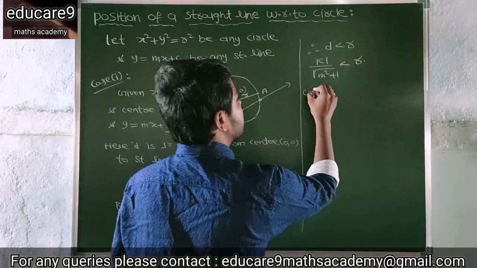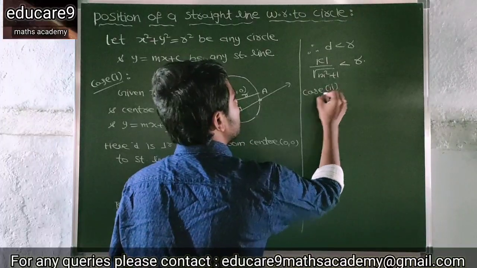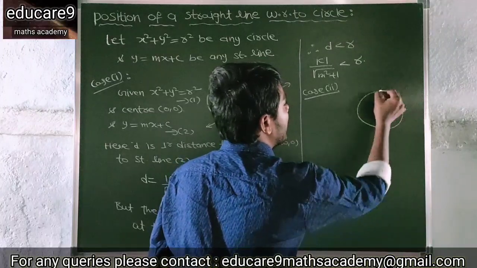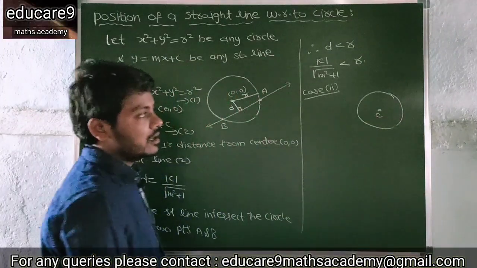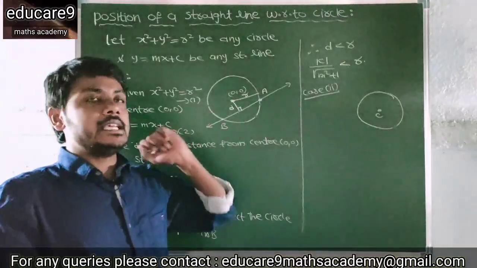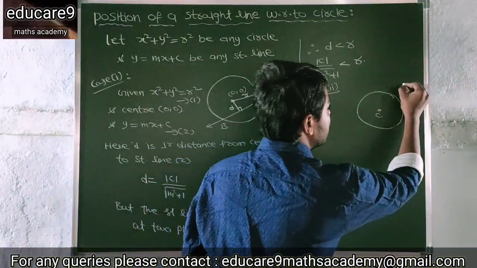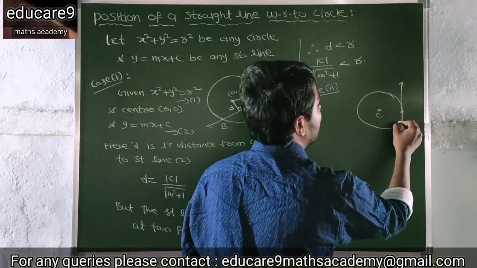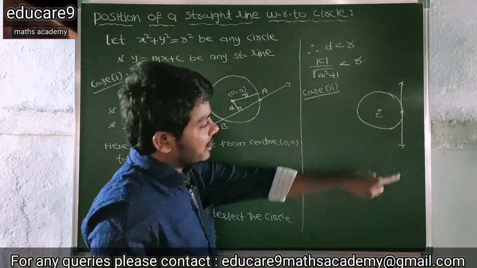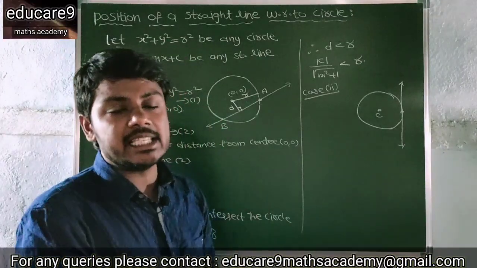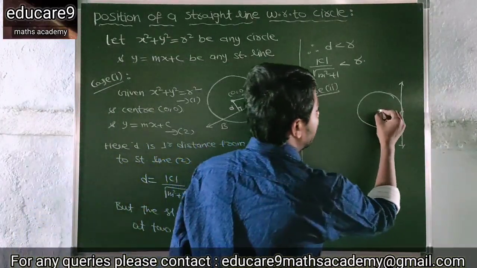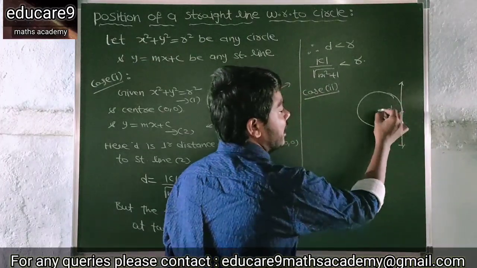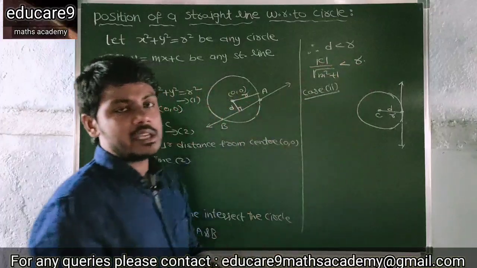And second case, so this is the given circle and this is the center of the circle. If the line touches the circle, suppose this is the line, this line touches the circle at one point, in that case that line represents a tangent line. So clearly here the perpendicular distance from center to the line, that is d, as well as that is the radius of the circle.